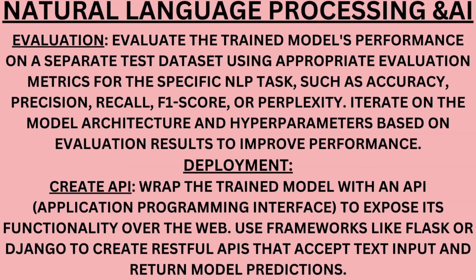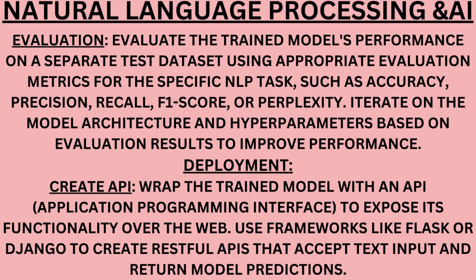Evaluation. Evaluate the trained model's performance on a separate test dataset using appropriate evaluation metrics for the specific NLP task, such as accuracy, precision, recall, F1 score, or perplexity. Iterate on the model architecture and hyperparameters based on evaluation results to improve performance.